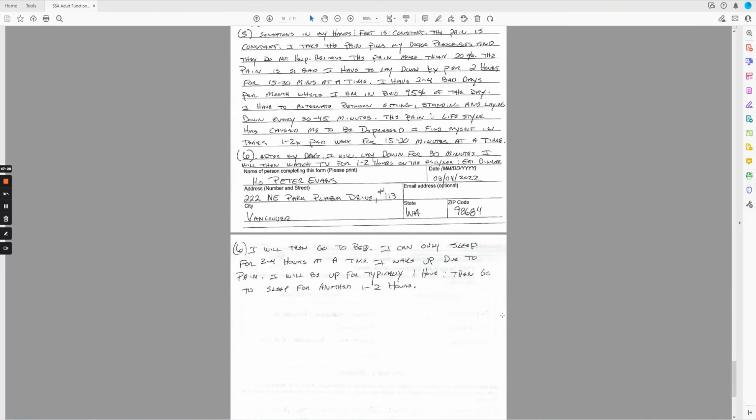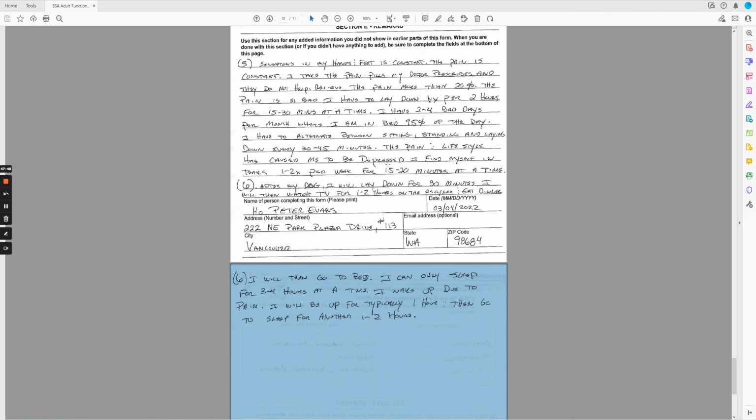And what they do is they will look at the date that you filled it out. And in a lot of cases, when you're testifying, especially at the court level, they're going to want to know how long you've been experiencing symptoms that are bad. And they'll use this form as a tool to impeach you.